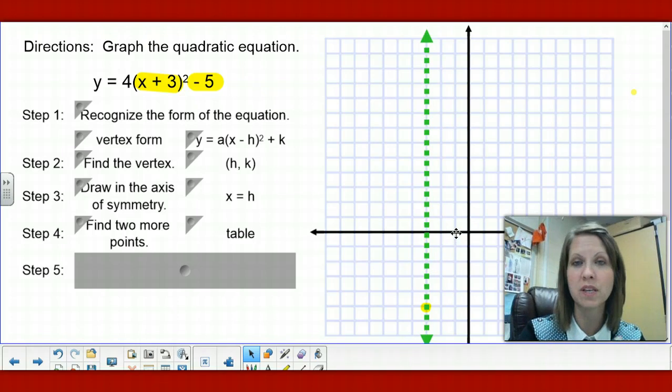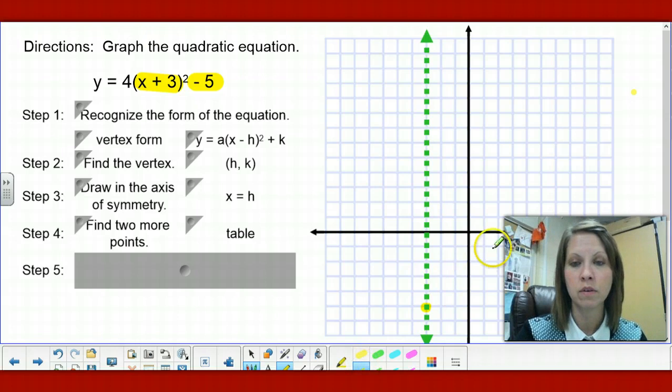You need 2 more points. Your best bet is going to be to stay close to the axis of symmetry. I happen to have already done this table, and I'm sorry I don't have it to show you. My board is acting weird. But if you substitute a -2, you should have a y value of -1, I believe.